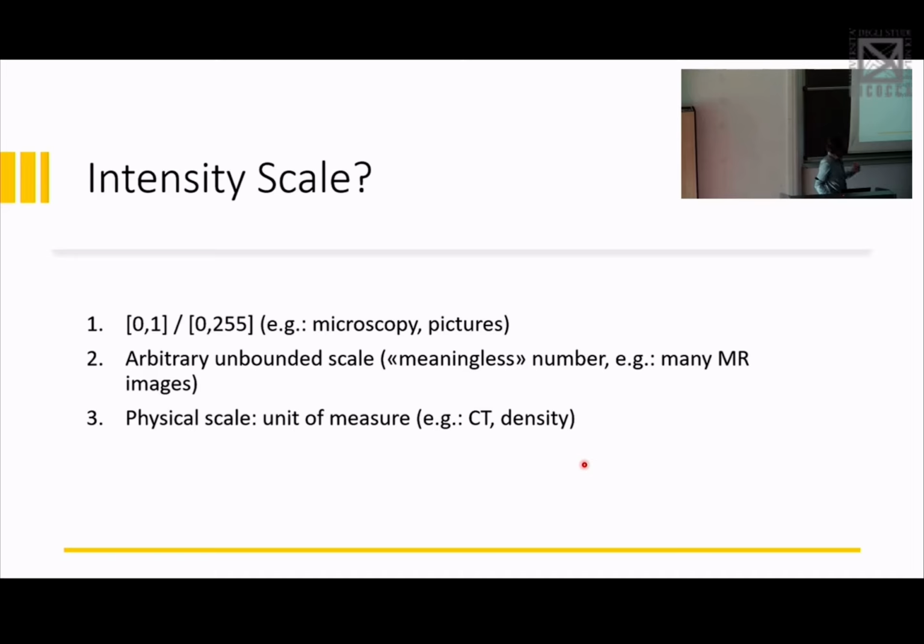The last possibility is that you have a physical scale. Like in CT images, the images have a unit of measure which is density.